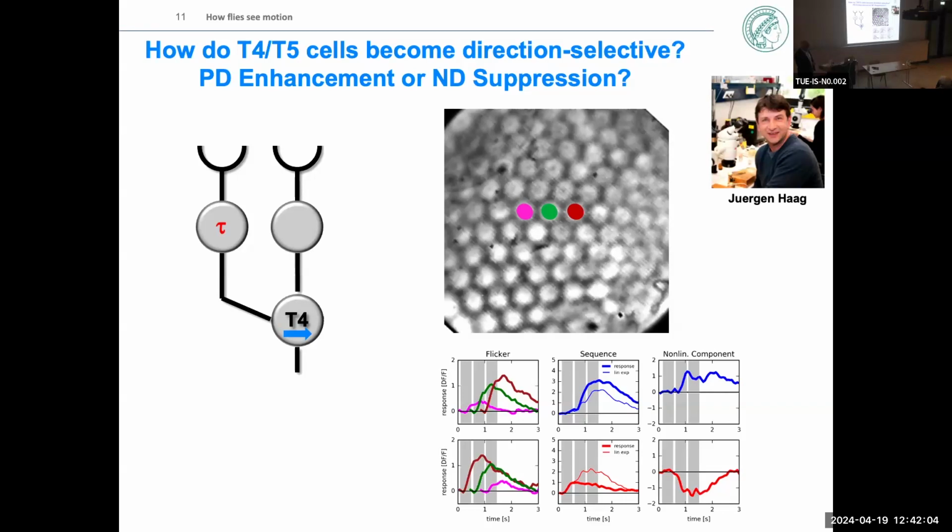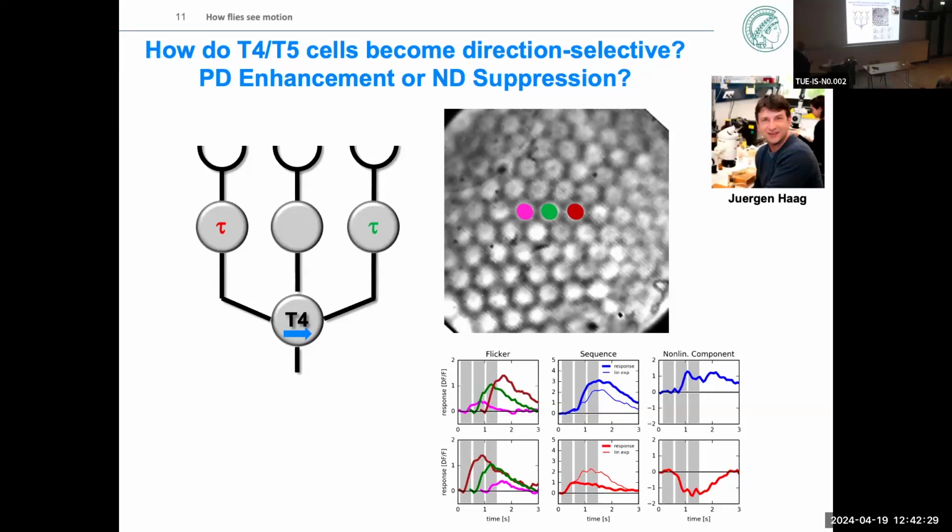Now he has a negative nonlinear component when comparing the actual response to the sequence with the sum of the responses. So what we're dealing with here in the fly is not one or the other, but in fact both processes together contribute to the direction selectivity of the T4 and the T5 cells.